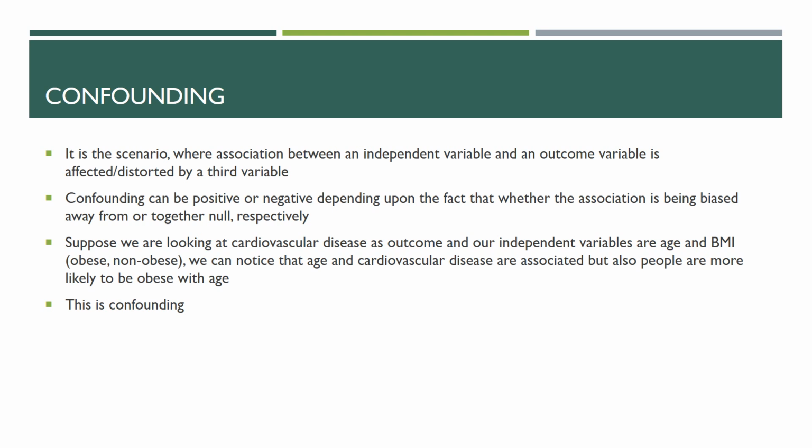Suppose we are looking at cardiovascular disease as our outcome, and our independent variables are age and BMI, which is to say, obese and non-obese. We can notice that age and cardiovascular disease are associated. Cardiovascular diseases, after all, are more common in older age, but also people are more likely to be obese as they age. This is confounding.